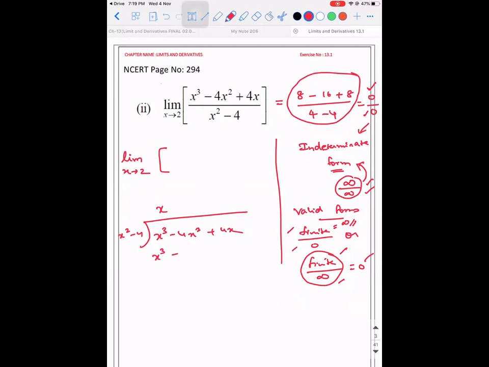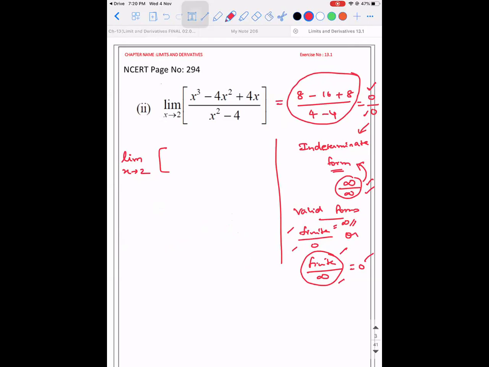So you will get x cube minus 4x. So x cube will get cancelled. Right? 4x and 4x will also get cancelled. What is it that you are left out with? Minus 4x cube. Right? So 1 minute, wait. I'll give you an easier way to solve this.